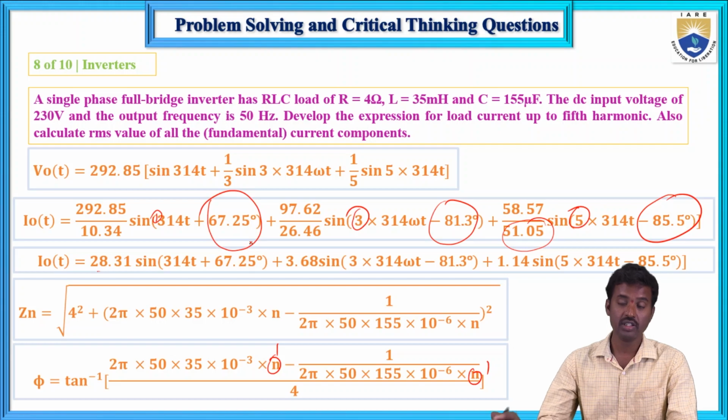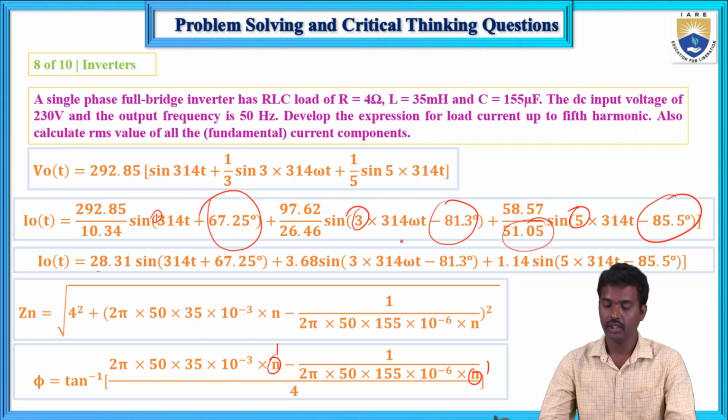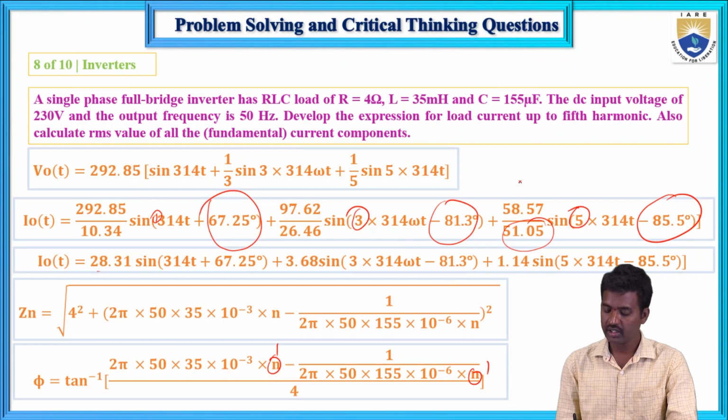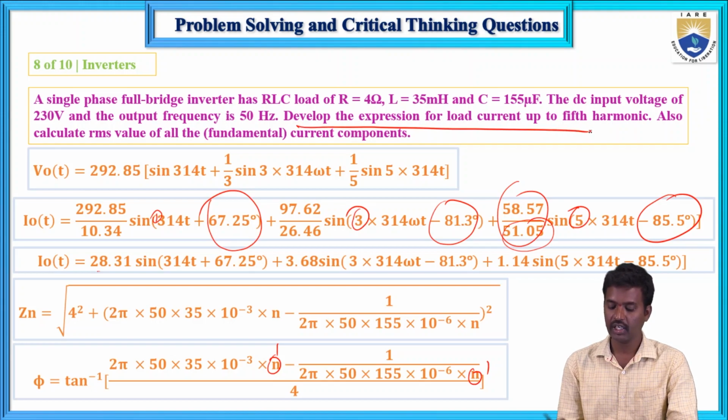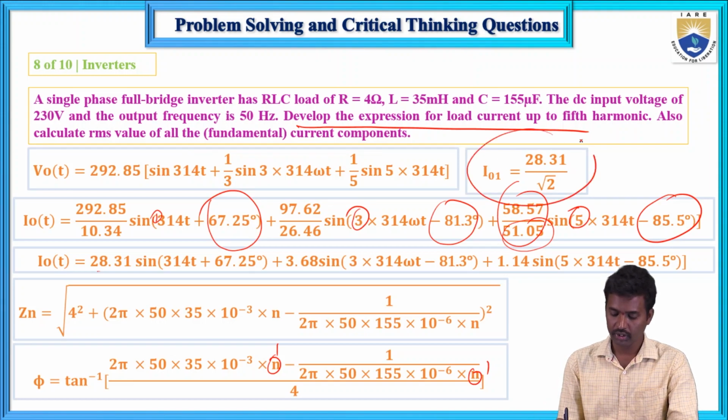So this is the developed expression for load current up to the fifth harmonic. And the fundamental harmonic RMS current means this one divided by root 2.